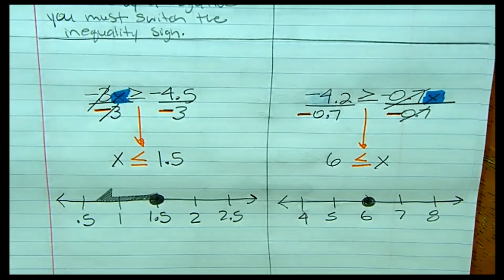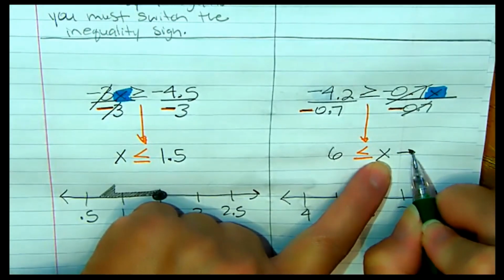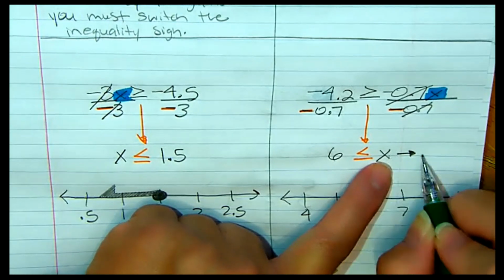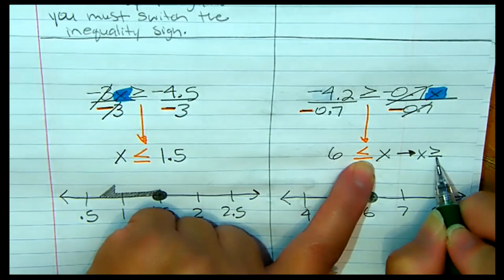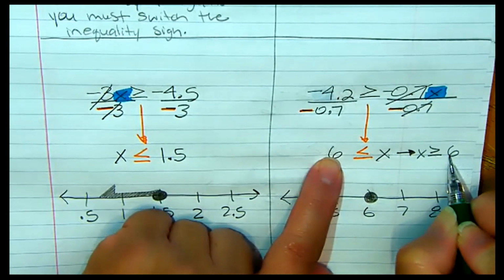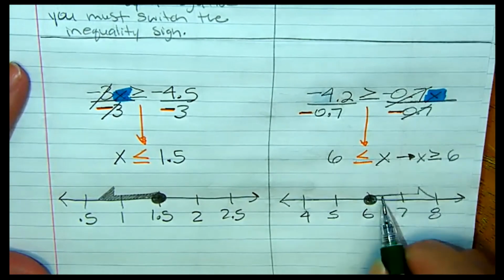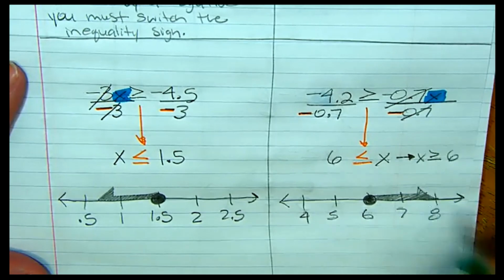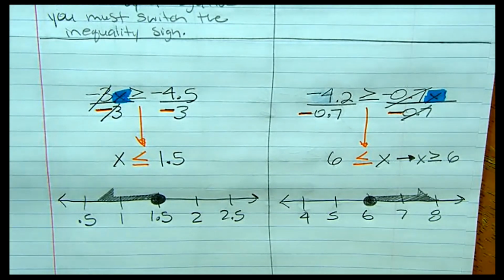Now, when I graph this, I need to read my inequality, but I have to start with my variable. So I'm going to say x is greater than or equal to 6. Greater than means everything to the right.